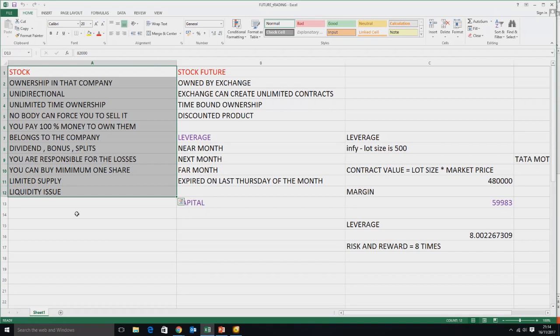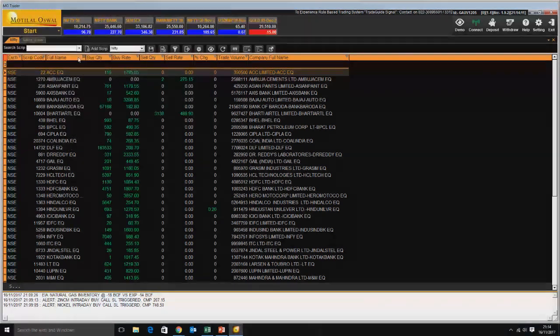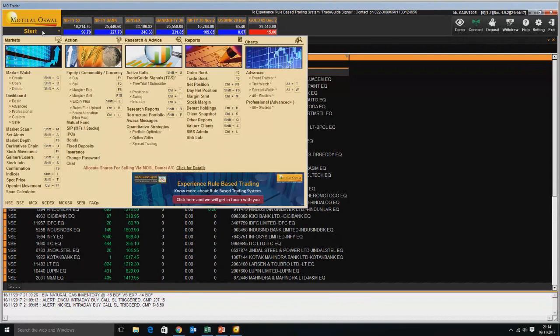Now let's see the concept of leverage. So let's go and check it here. Let's start with creating our market watch.